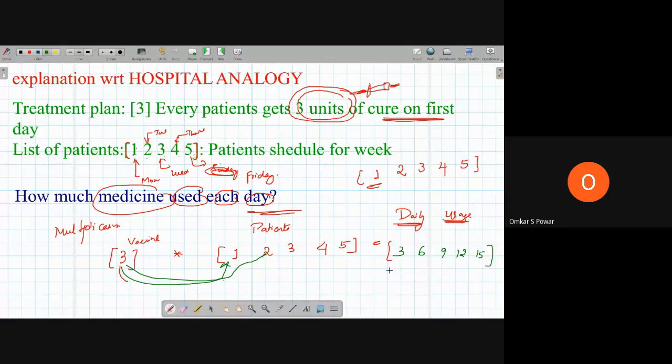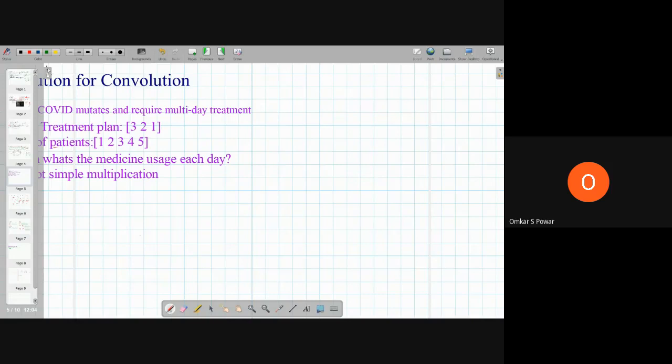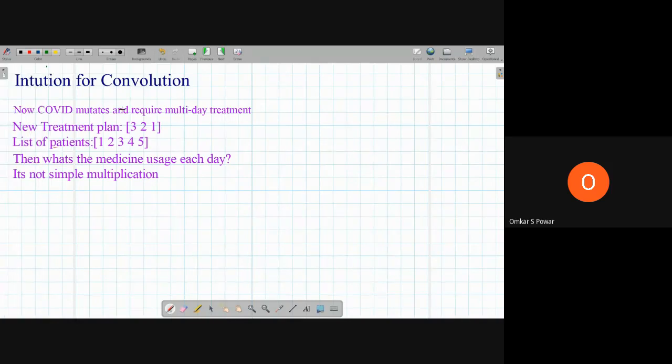So you will get the total units of vaccine being used for Monday, Tuesday, Wednesday, Thursday, and Friday. Here the calculation is simple, but we will see what will happen if the COVID mutates.